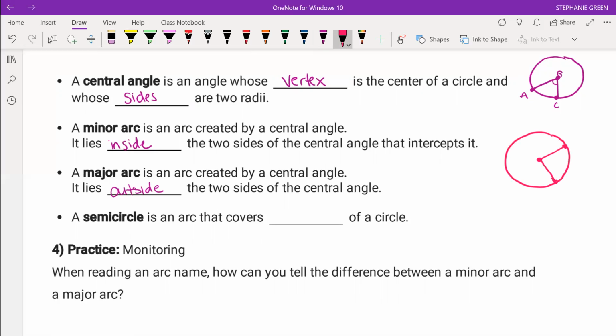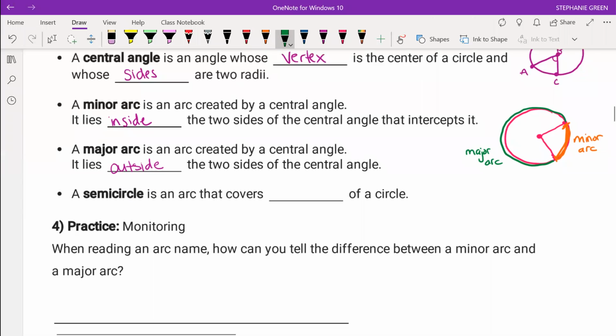So if this is my central angle here, then I actually have two arcs that are formed. The arc inside this central angle is called the minor arc. And the arc outside of that central angle is called the major arc. So you can see the major arc is the big arc. The minor arc is your small arc.